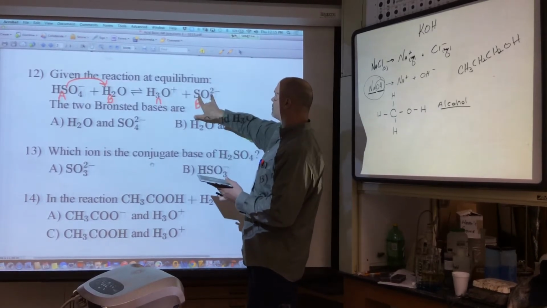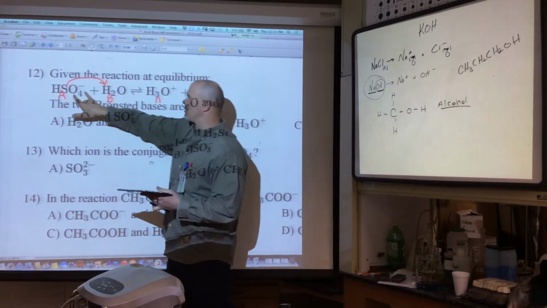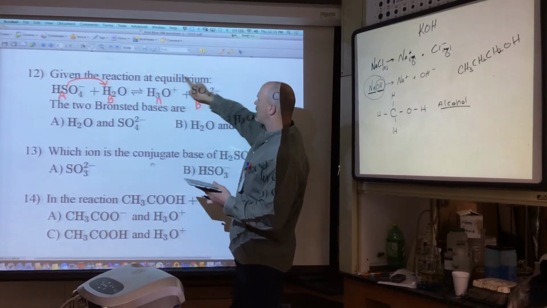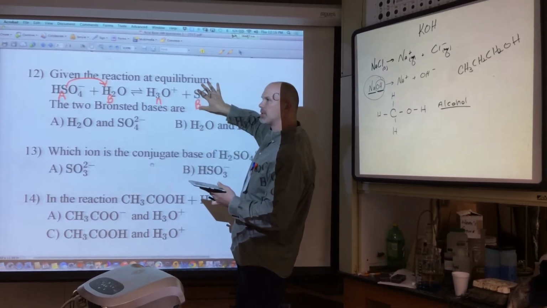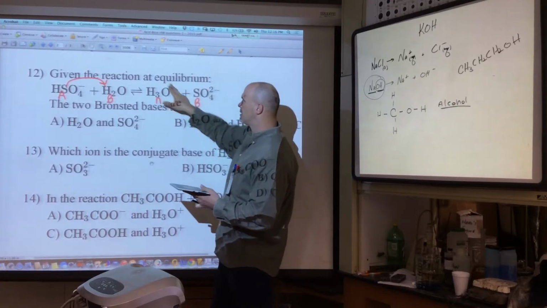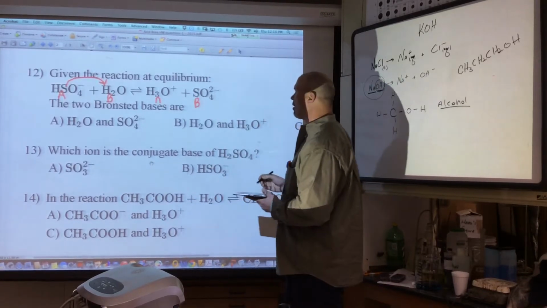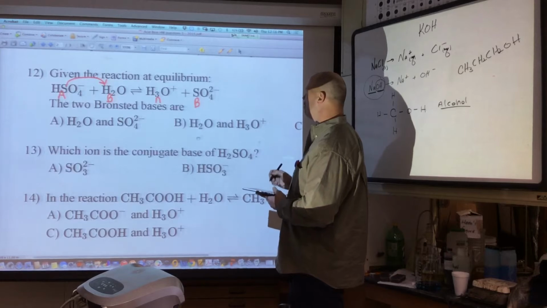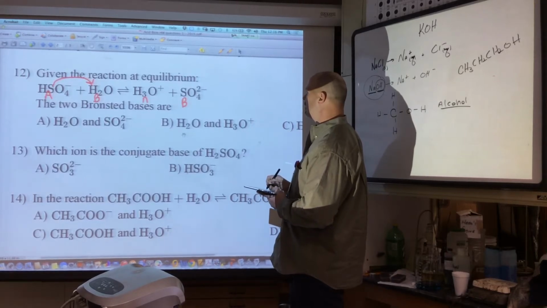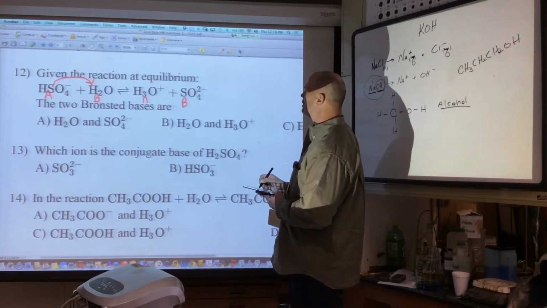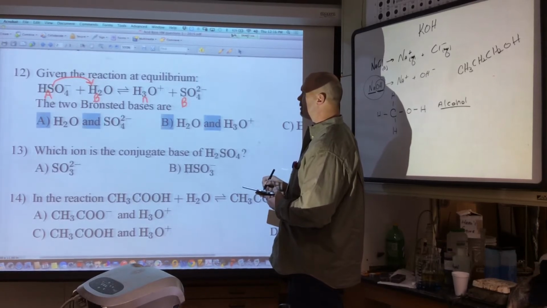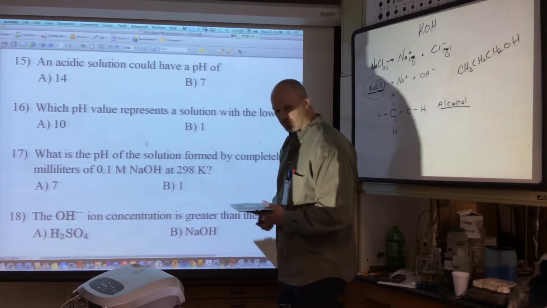How does SO4 negative 2 become HSO4? It must have gained an H. Bases accept protons. Acids donate. So the two bases are clearly H2O and SO4, choice A. All right? Maybe not.